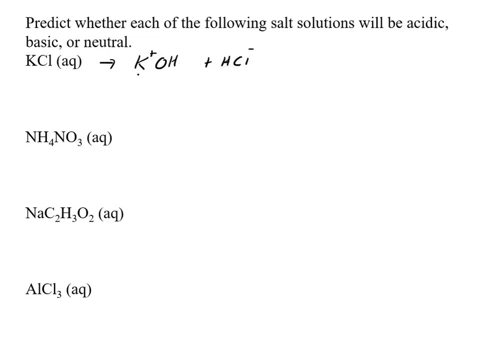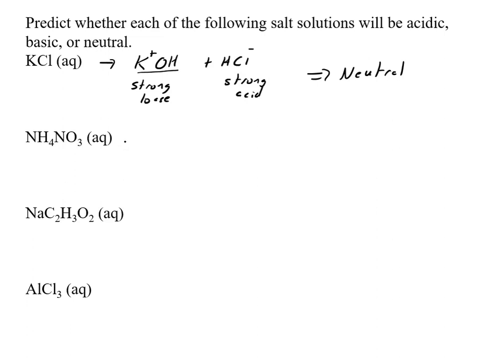And now look at this, okay? Potassium hydroxide, you have to know your strong acids and strong bases, is a strong base. Hydrochloric acid is a strong acid. And so strong and strong means that this is going to be neutral. Okay? I suggest that you pause the video and try to do the next one on your own and then come back for the answer.